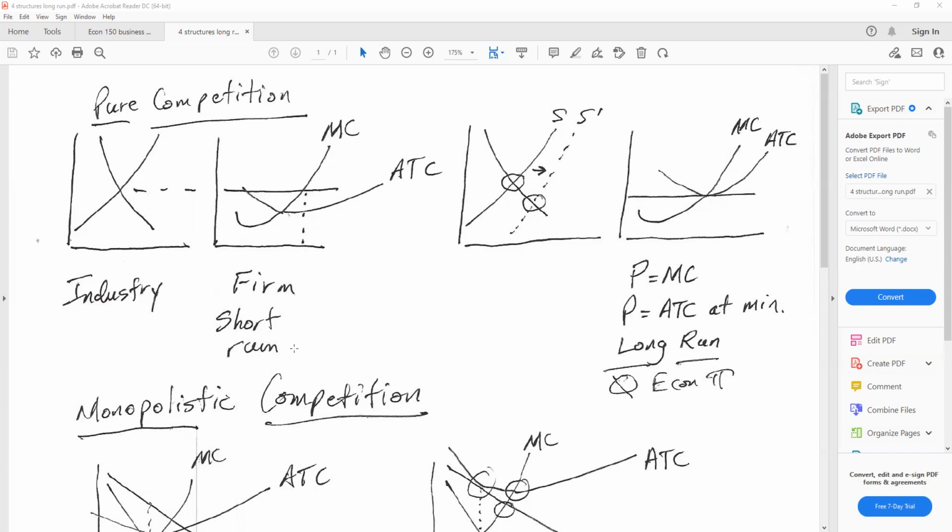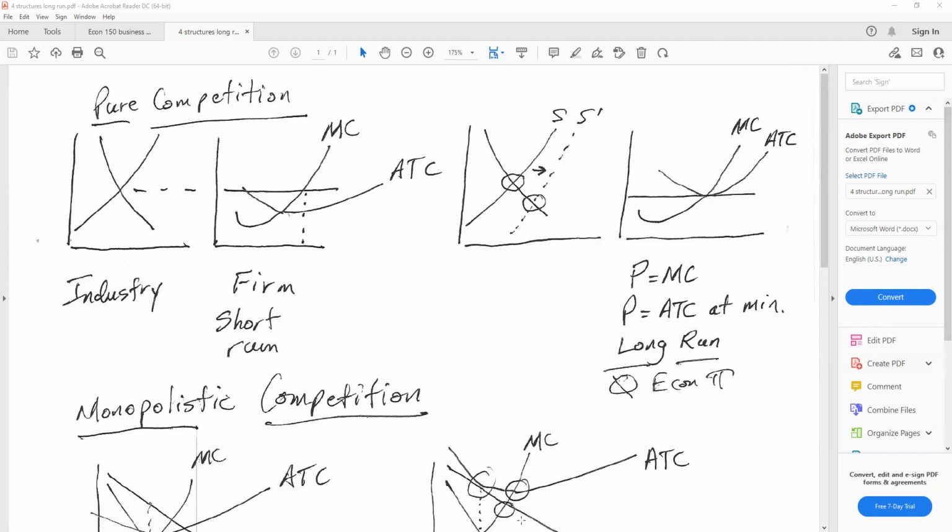First of all, on the left-hand side, we have the industry. In terms of the industry, it is the regular supply and demand curve. The industry is different than the firm.